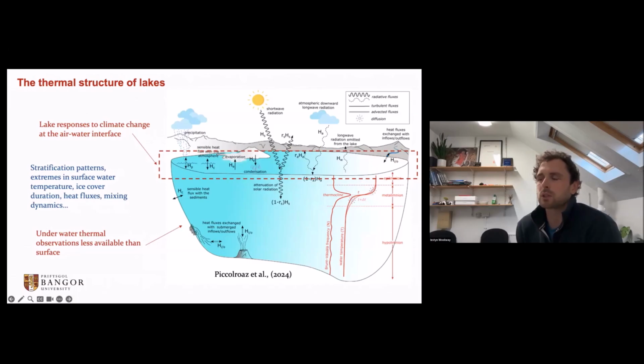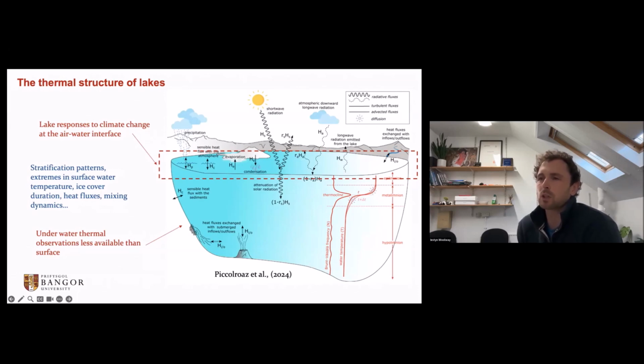Now, what we try and do is understand, firstly, how these energy fluxes, how these changes in incoming shortwave, longwave, and turbulent heat fluxes change through time, and what are the consequences of those changes on one, the lake surface temperature, and the thermal profiles below.